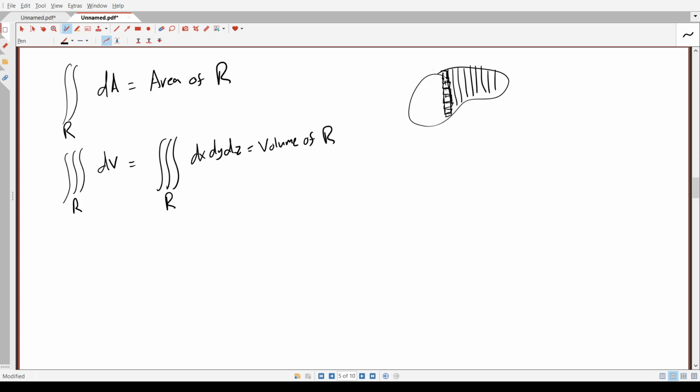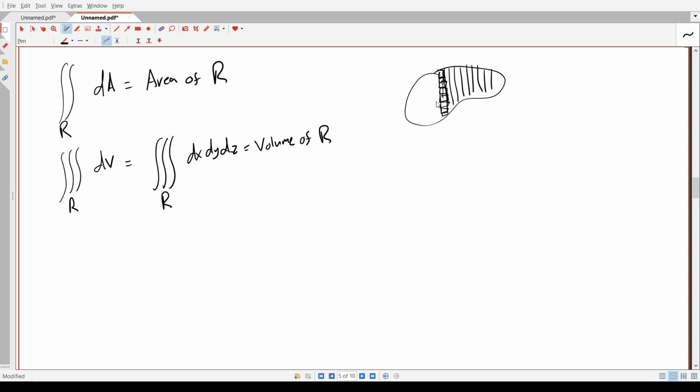I'm adding these boxes up in the y direction, and then I add those slices up in the x direction. So the triple integral corresponds to the same thing, except now I have 3 dimensions. This gave me the area of a slice, and now I can add the area of these slices up in the z direction, going up out of the page, to give me the volume.